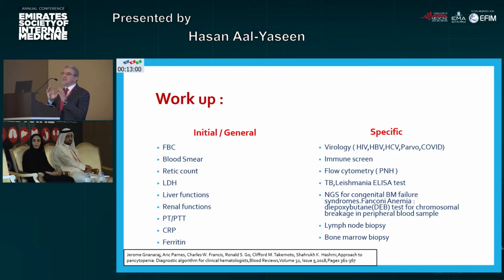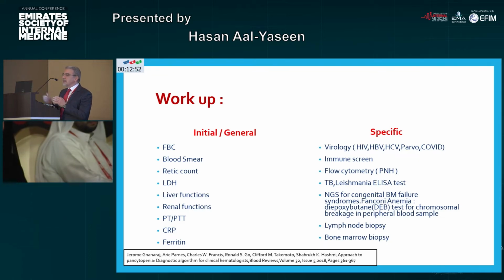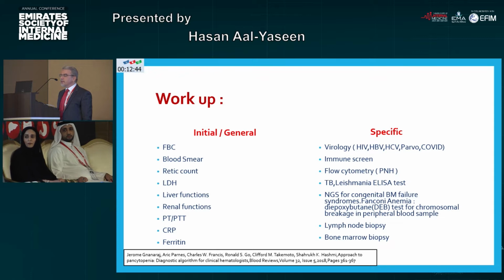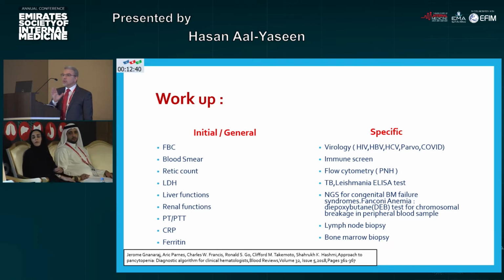These four are mandatory for any case of pancytopenia in order to know in which direction you are going. And then, of course, you can include liver function tests, renal functions. These should be included initially because they are basic tests. Coagulation, PT, PTT, CRP, ferritin. And from that, you know in which direction you are regarding the etiology.